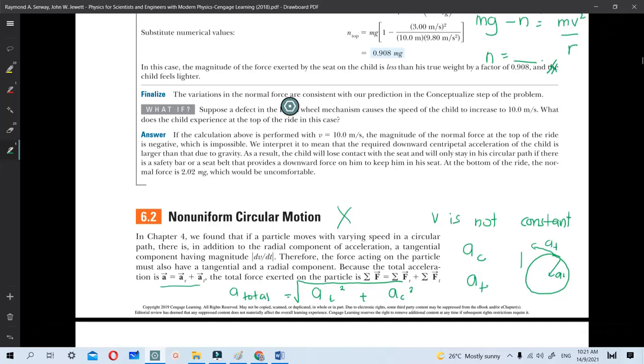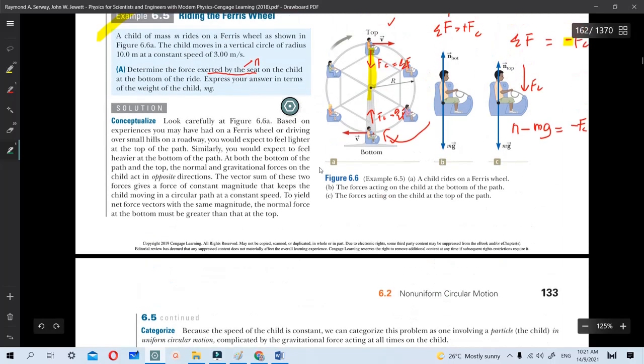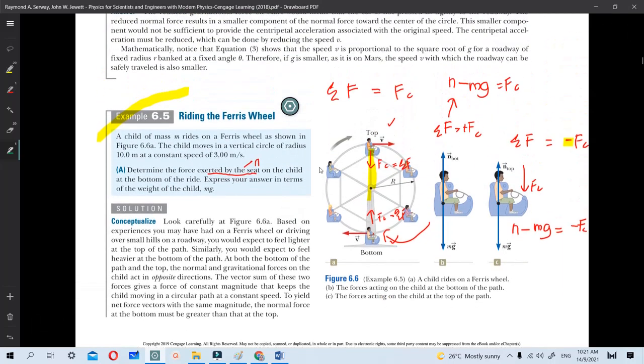Alright, to wrap up the whole topic once again, the centripetal force is equivalent to mv squared over r. Previously we learned about acceleration only, then upgraded into Newton's law, and then upgraded into Newton's law again, but in the version of circular motion.